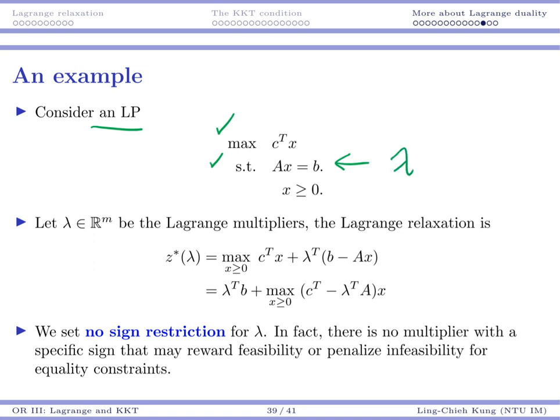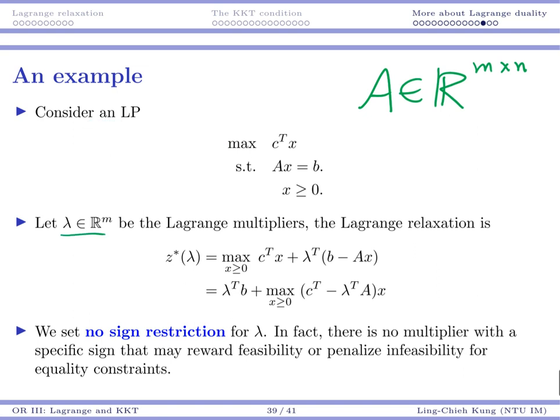So we're going to give m lambdas to this program. Typically we say A is a matrix with dimension m times n, okay? You have n variables and m constraints in your primal linear program. So that's why here you associate m lambdas.